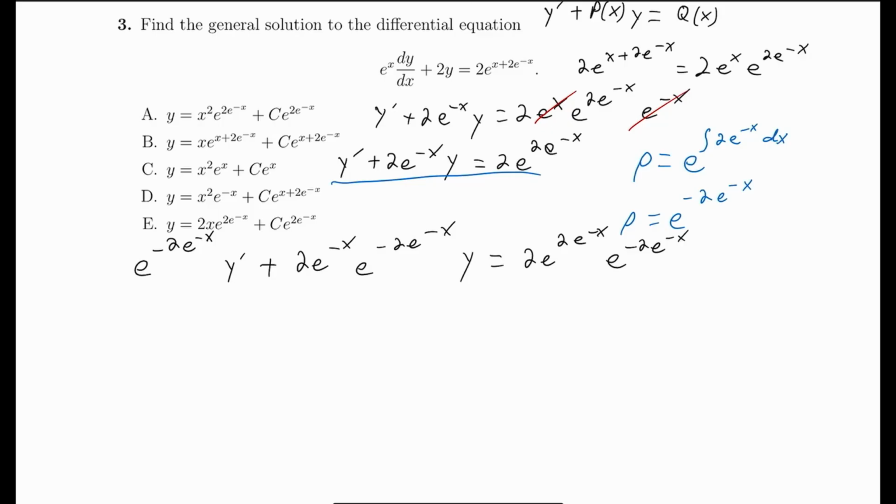Alright, and then what you should notice is that these will cancel. Not that integrating factor there, just right there. And that will leave us with just a 2 on that right-hand side. I'm not going to re-say this all, I'm just going to copy it down.